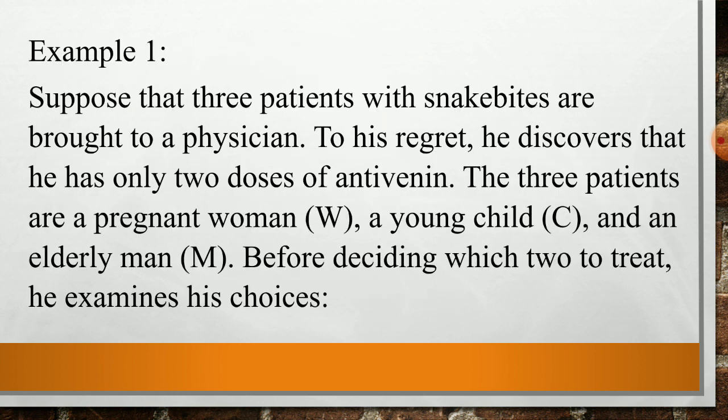For example, suppose that 3 patients with snake bites are brought to a physician. To his regret, he discovers that he has only 2 doses of anti-venom. The 3 patients are a pregnant woman, a young child, and an elderly man. Before deciding which 2 to treat, he examines his choices.